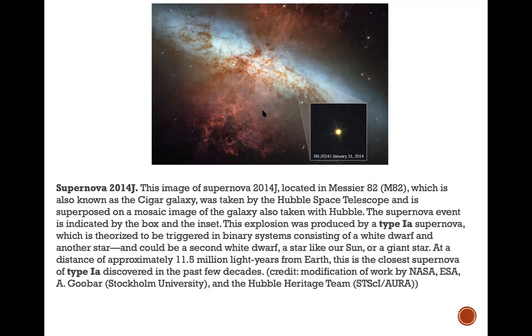Those are the things that you have to understand. For example, if I ask you, is it possible for the sun to become a type 2 supernova after a few billion years? What should be your answer? Is it something that can happen? Anybody would like to answer? It cannot happen, right? Because our sun has just one solar mass, it is a low mass star, and it will become a white dwarf one day.